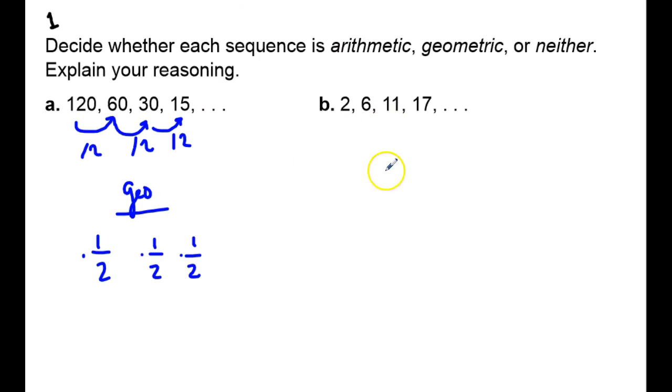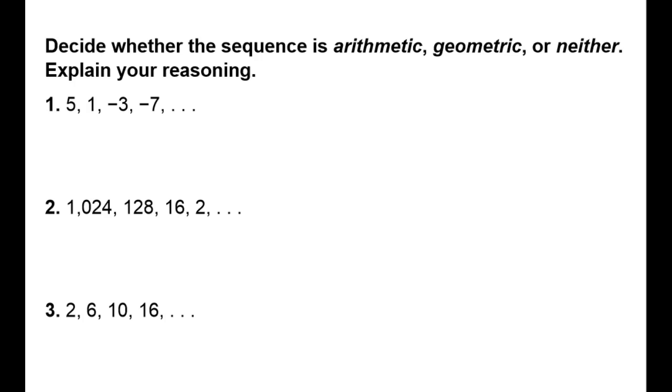So I know that this second part is neither. I did that by trying to add a common term, and then I tried to multiply a common term, and neither of those worked. So it is not geometric or arithmetic. It's neither one. Okay, so here is a monitoring progress. Go and try these and see if you can figure out what kind of sequence this is.